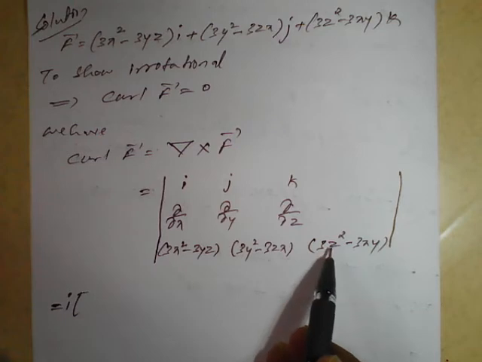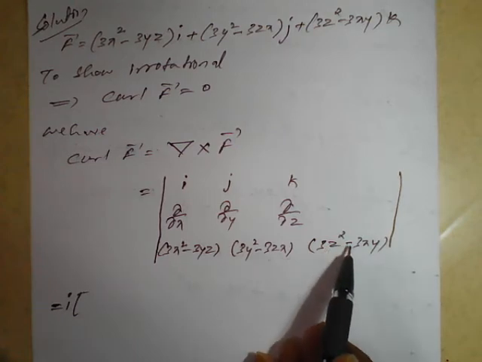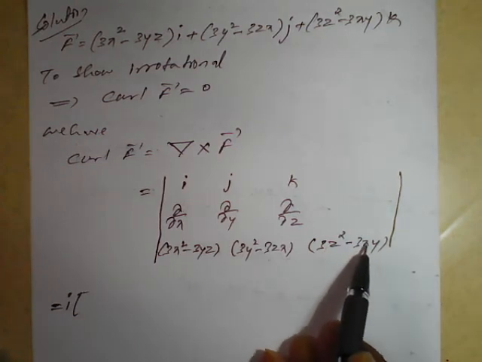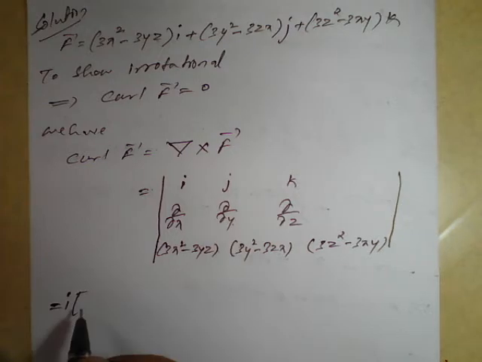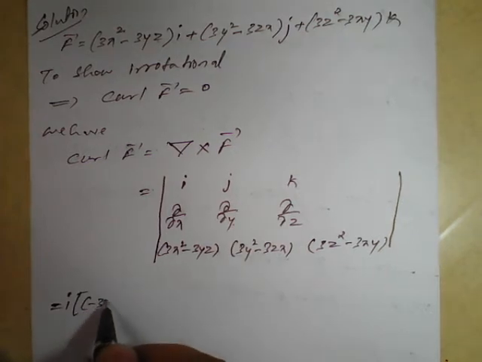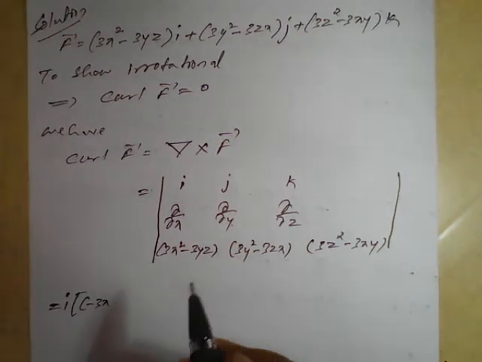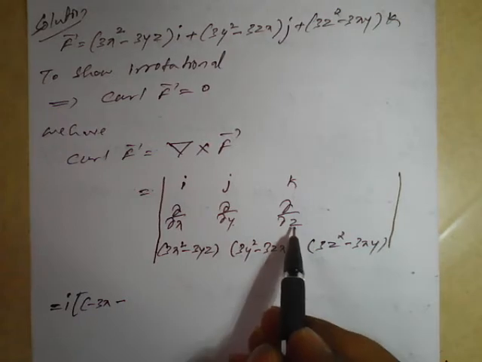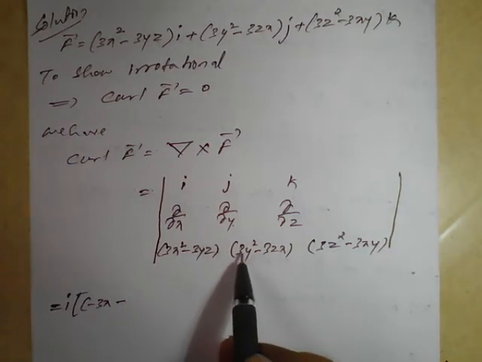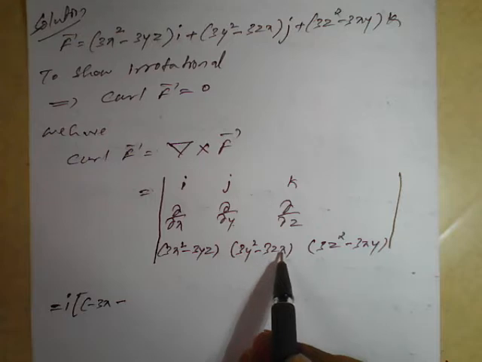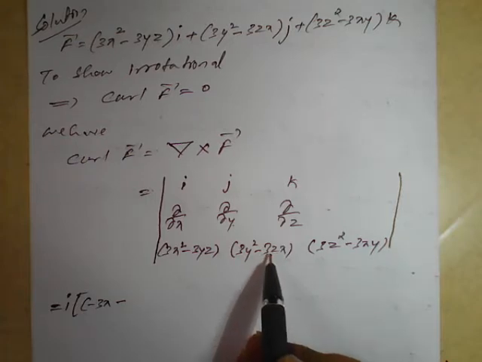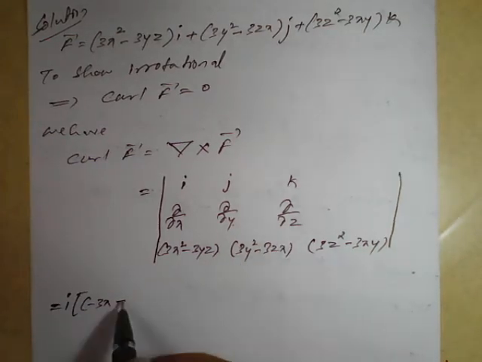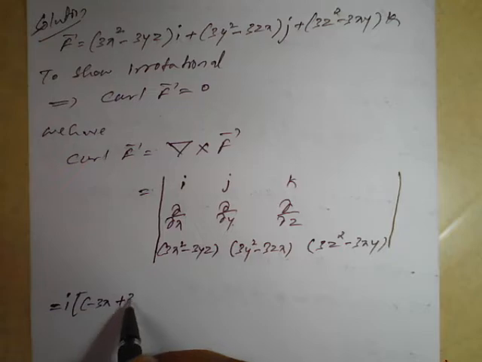The first term has no y term, so 0. Minus 3xy with respect to y is minus 3x. Next, minus dou by dou z of the middle term: 3y with respect to z is 0, and minus 3zx with respect to z is minus 3x. So that minus 3x and this minus will become plus 3x.